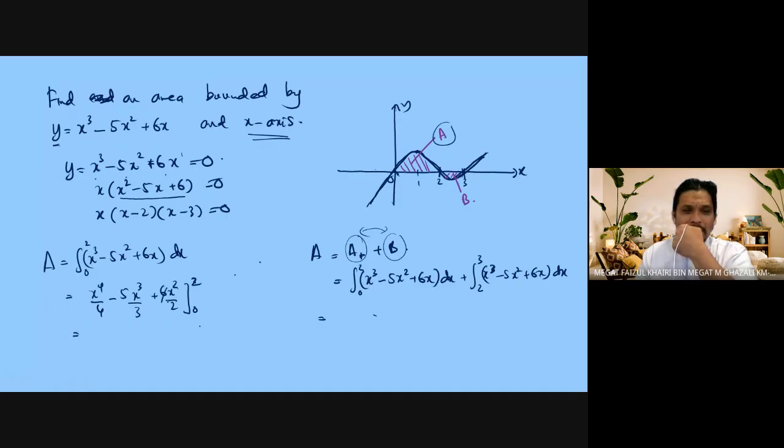Okay, 6 divided by 2 equal to 3. So this is x to the 4 over 4, 5x cubed over 3, and 3x squared. So substitute first x equal to 2. 2 power of 4 divided by 4 minus 5 times 2 cubed divided by 3 plus 3 times 2 squared. And then minus substitute x with 0, and it gives you all 0.